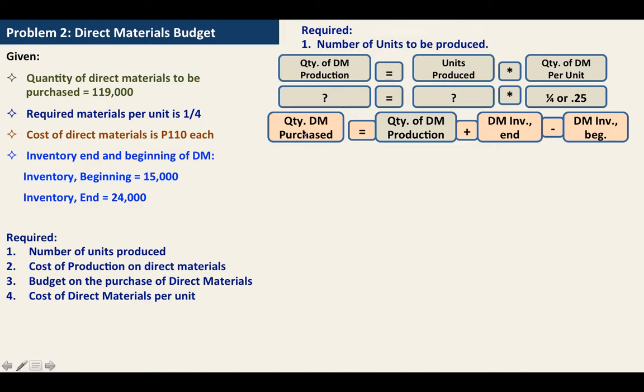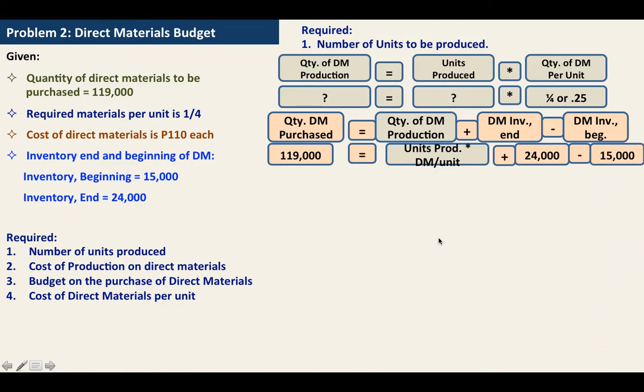So here we have this formula, quantity of direct materials purchased. This is what we are looking at: the quantity of direct materials in production plus direct materials inventory end minus direct materials inventory beginning. Do the substitution. Okay, so here we can use this formula: units produced times direct materials for the quantity of direct materials in production, and the inventory data.